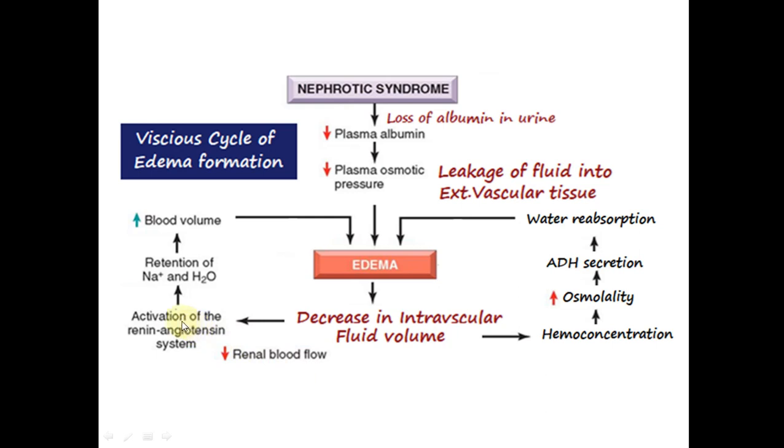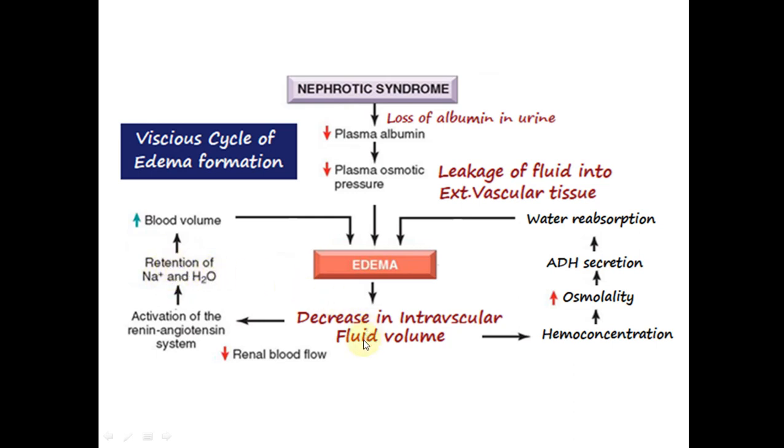We know that it will activate the renin-angiotensin-aldosterone system in the juxtaglomerular complex, which is situated between the afferent arteriole and distal convoluted tubules. And the result will be that the angiotensin 2, which is a vasoconstrictor, will cause vasoconstriction, and the aldosterone will increase the absorption of sodium and water.